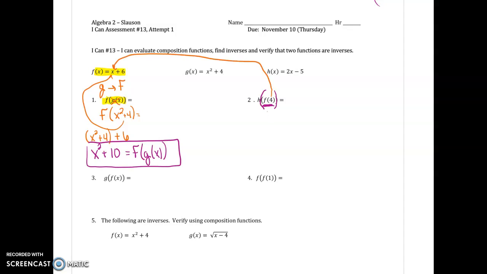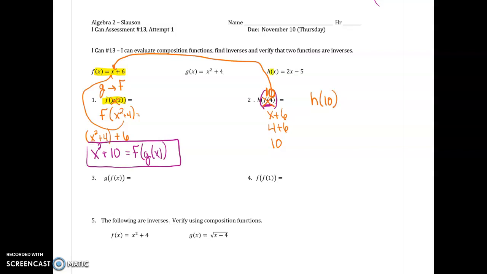Instead of x plus 6, I'm going to change the x into 4 plus 6, so I get 10. So as it turns out, f of 4 is worth 10. So basically I can get rid of this f of 4 and replace it with the 10. Then my problem becomes h of 10, and now this says go to h's function.